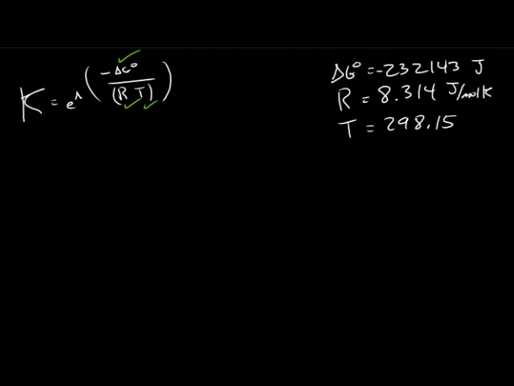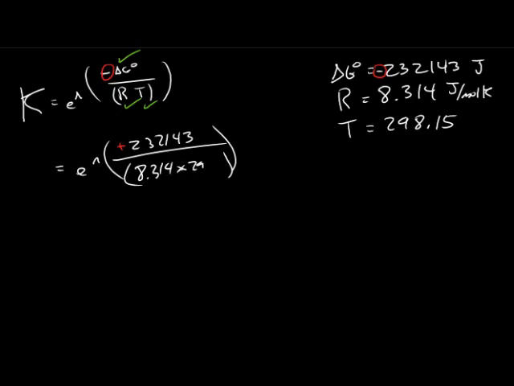Therefore, we plug all the numbers in, and we'll have lowercase e raised to positive 232,143. Note that the negative in the equation and the negative in the delta G standard will cancel out and give us a positive number on top now, divided by R times T. On the bottom, we'll have 8.314 multiply 298.15.